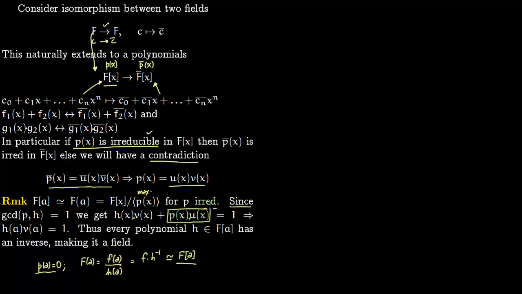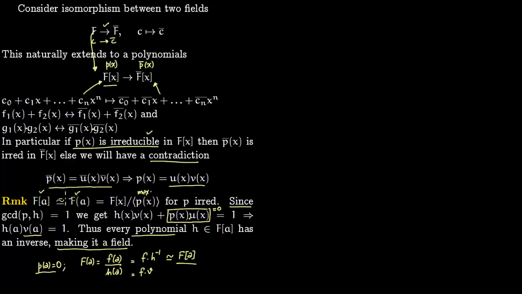So this term becomes 0. And therefore you will have h of a times v of a is 1. So v of a is the inverse of h of a. So thus every polynomial h has an inverse. So this is nothing but f times v, and that's why you have multiplication of two polynomials. Wherever you have this fraction, this just becomes multiplication, and therefore you have a field. So this is a field.